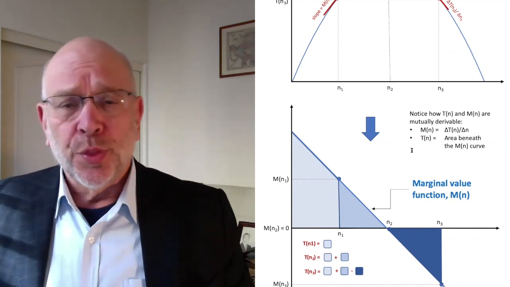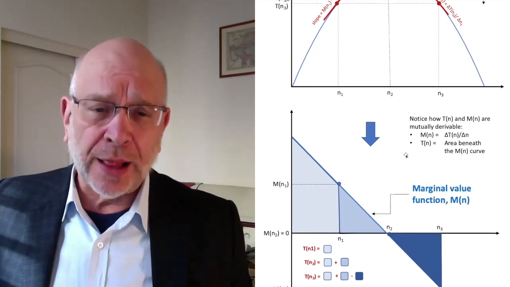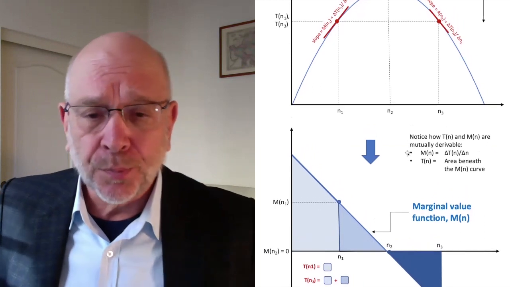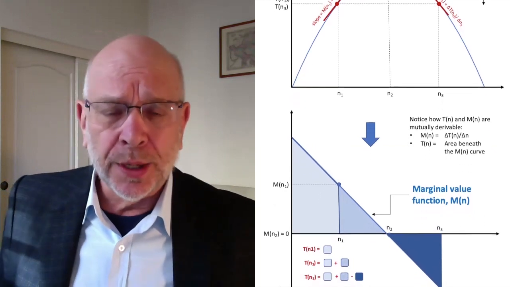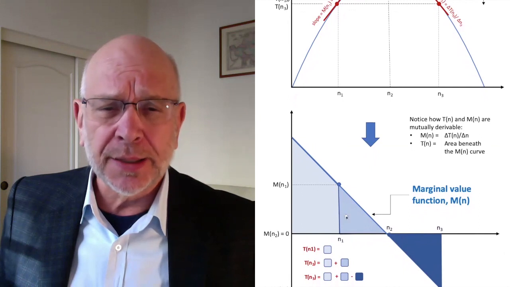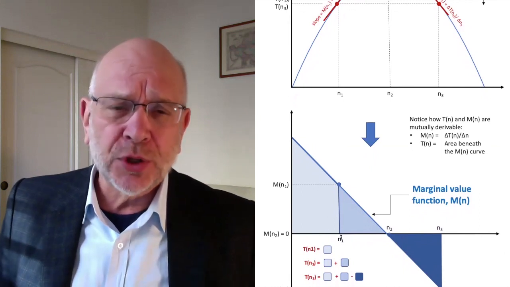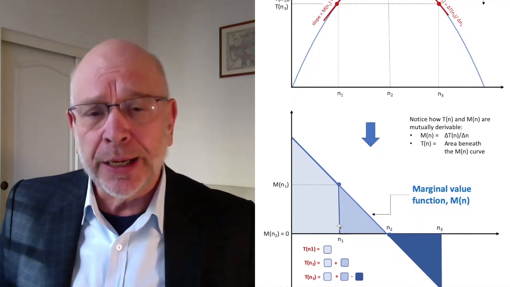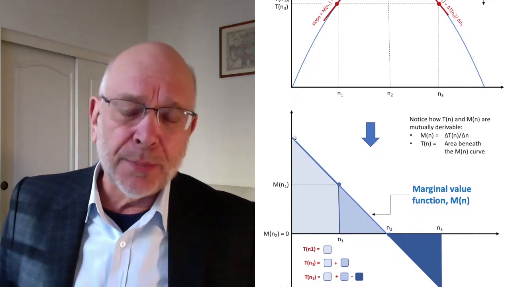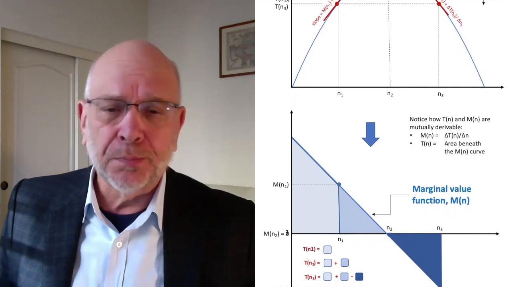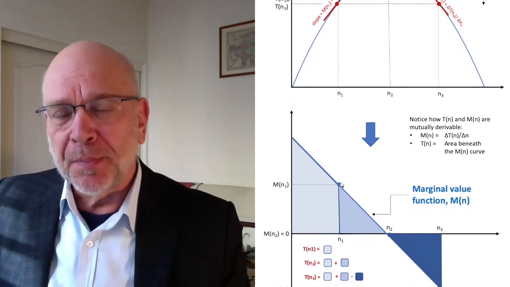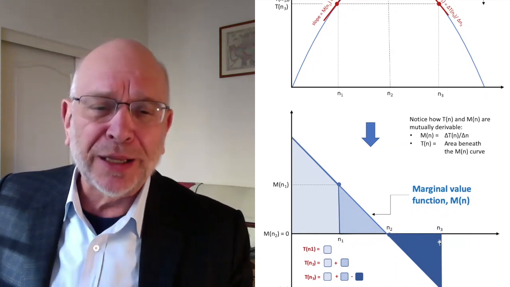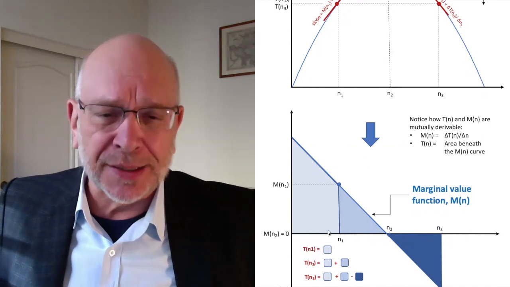Now, the way to recover the total value function from the marginal value function, this is something that we'll see is very useful in economic analysis. The way to recover the total value from the marginal value function is to take the area beneath the marginal value curve, beneath or above, but relative to the horizontal axis.